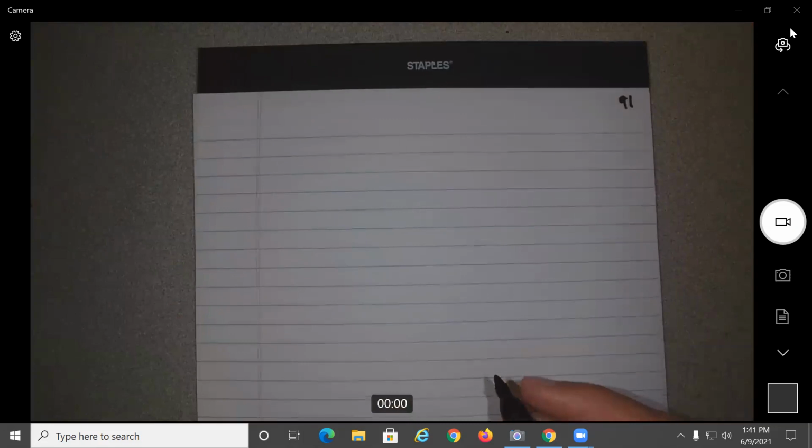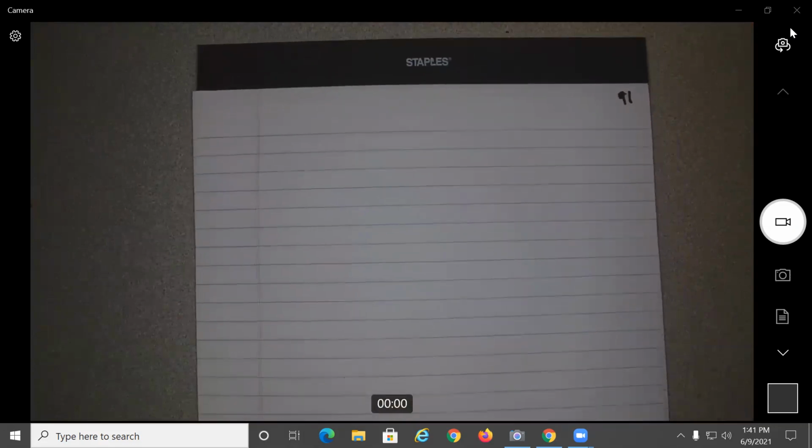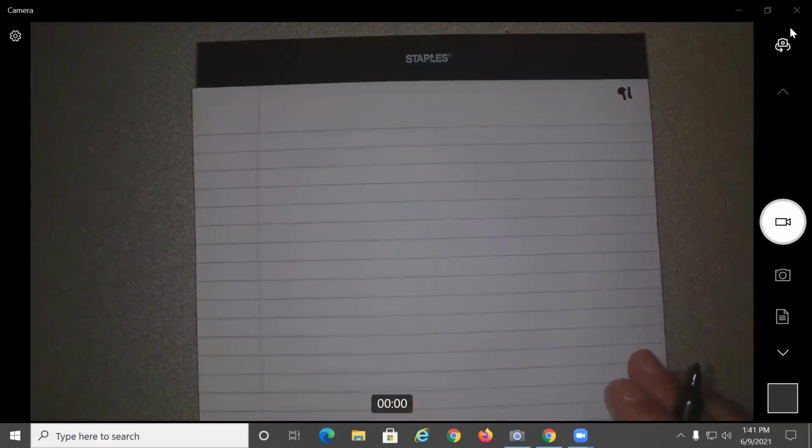Okay, so I'm going to put over here something that I don't expect you to understand. This is more complicated to derive, which I'm not going to derive.